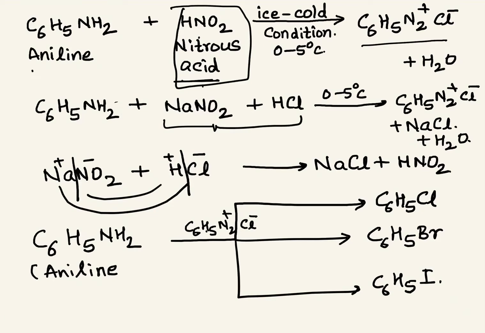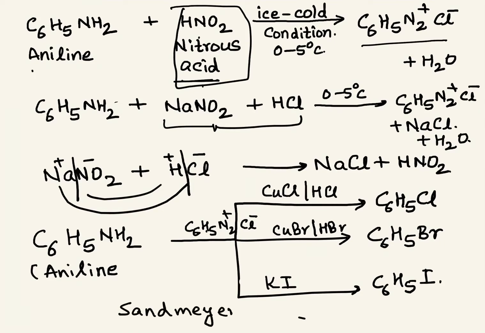And then this benzene diazonium chloride is treated with cuprous chloride and HCl, cuprous bromide and HBr, and potassium iodide, right? Let me write it a bit more neatly. Yes, and we shake it with potassium iodide. This set of reactions is termed as Sandmeyer reaction.